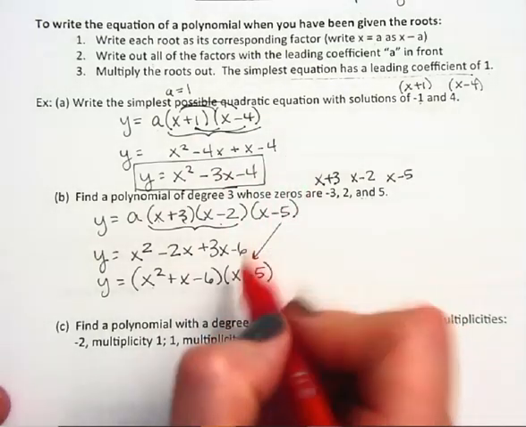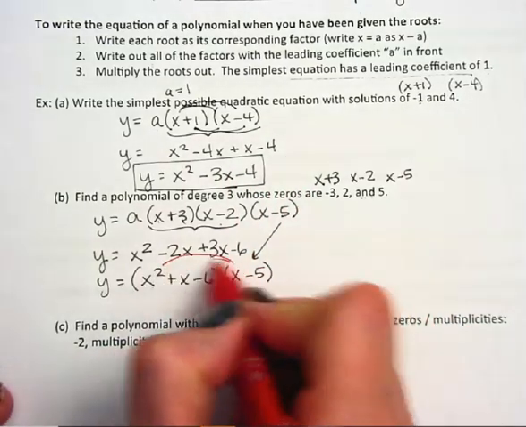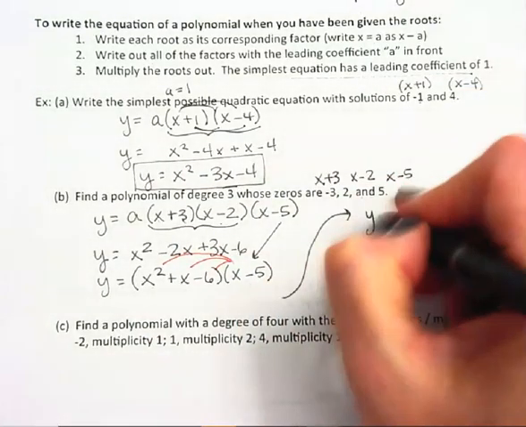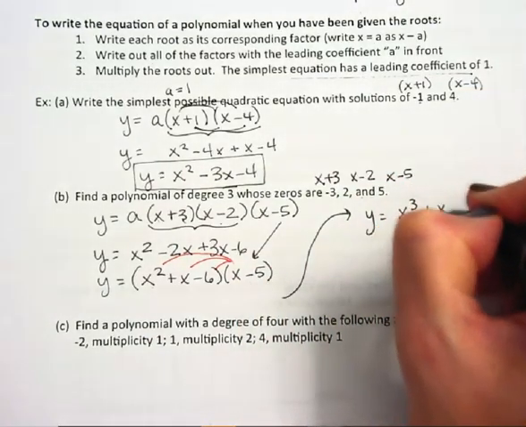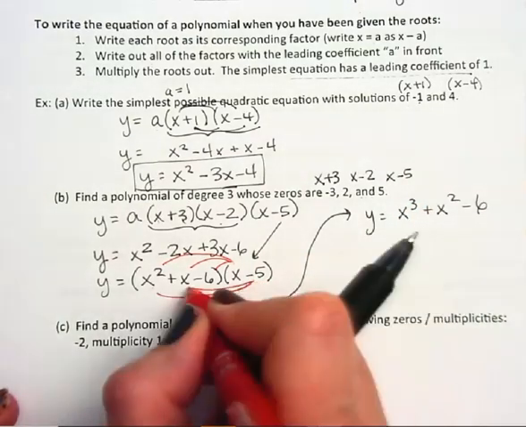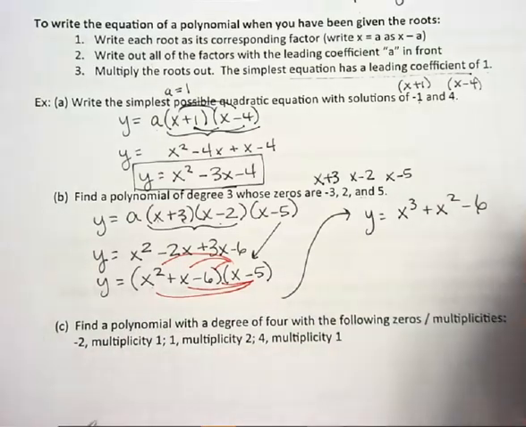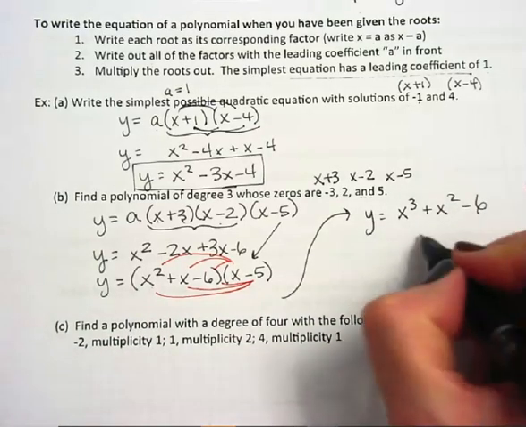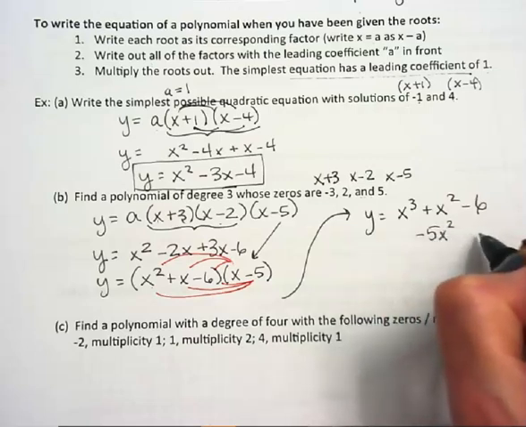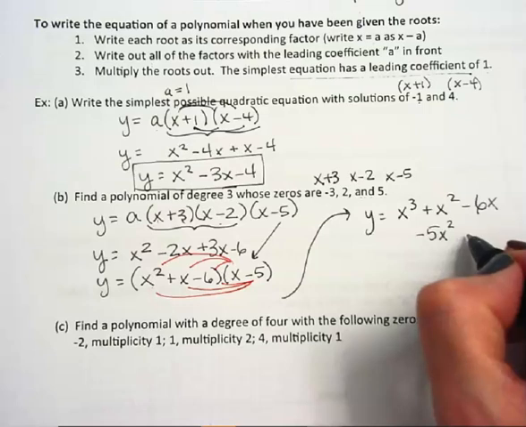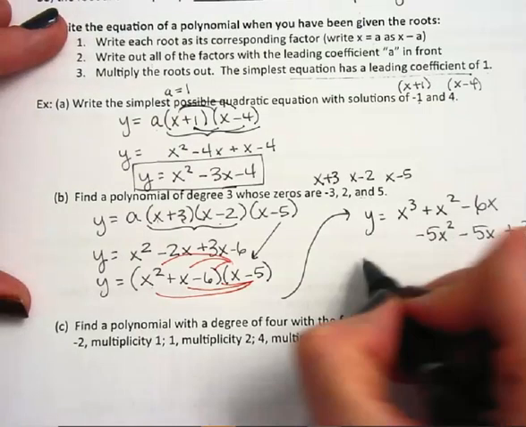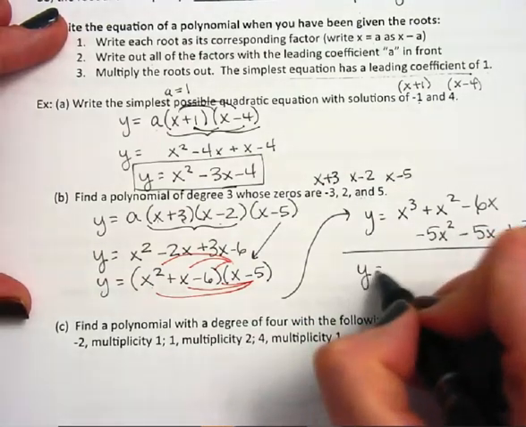So I like to take this x and distribute it here. And then I'll take the negative 5 and distribute it. And then I like to line up my like terms. And then combine.